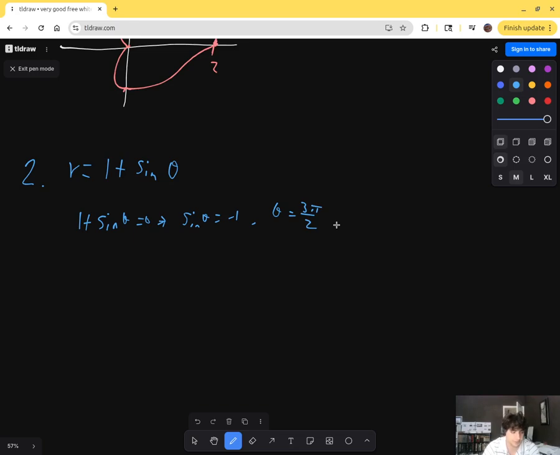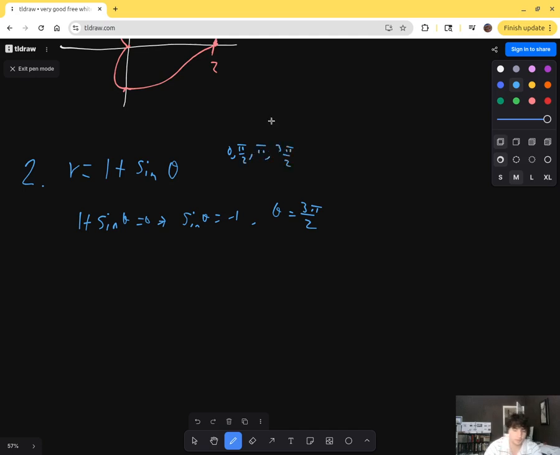So now let's find axis intercepts. So we'll use, again, remember these: 0, pi over 2, pi, 3 pi over 2.